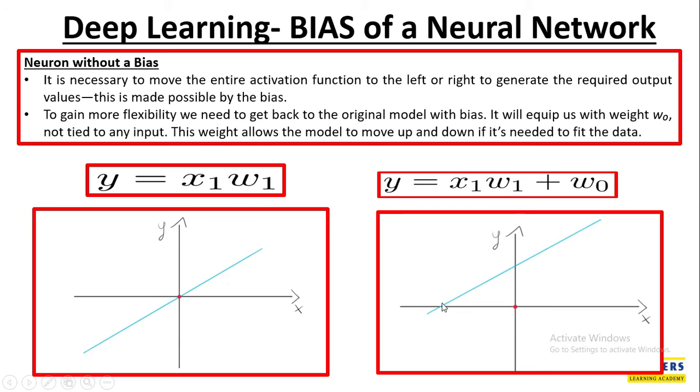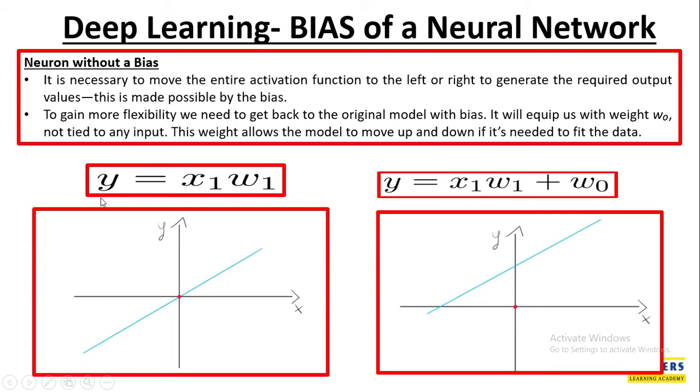Now, the activation function, either a tanh function, a sigmoid function or a linear function, cannot be made to stay at the origin. It has to move to the left or right of the quadrants in order to produce an effective activation function. So it is necessary to move the entire activation function to the left or right to generate the required output values, and this is made possible by bias.